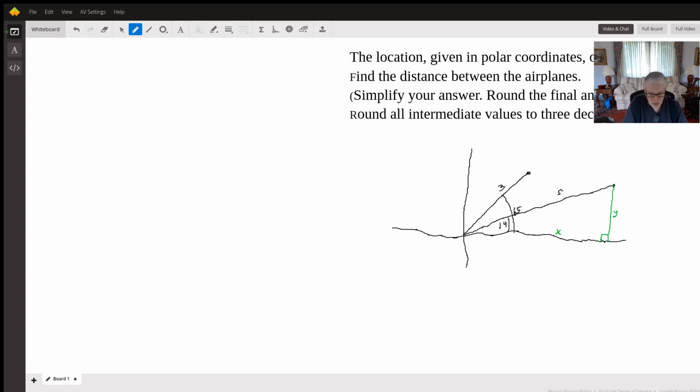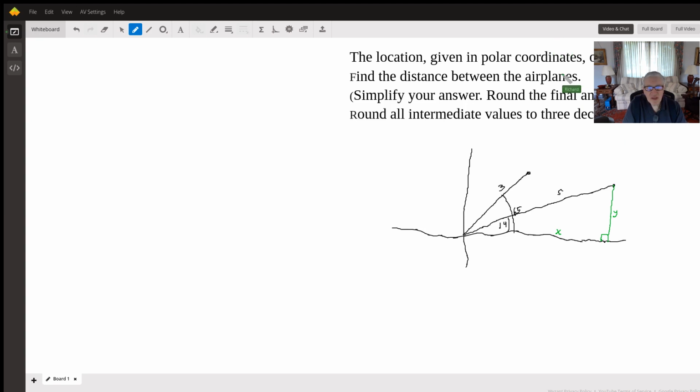So x is going to be 5 times the cosine of 14, which is going to be 4.851. Okay, so that's my green triangle.